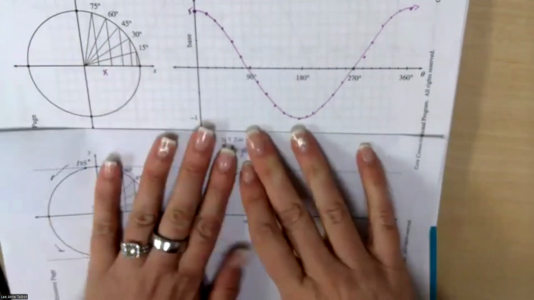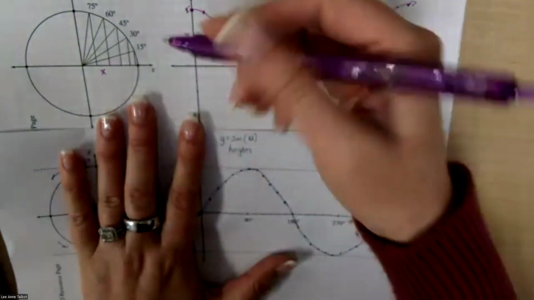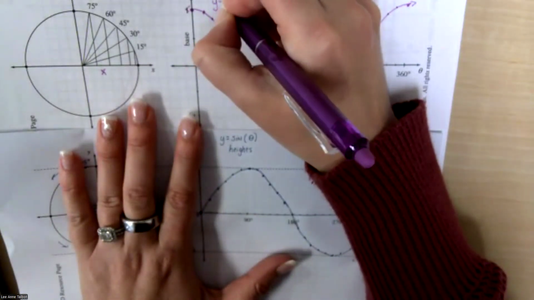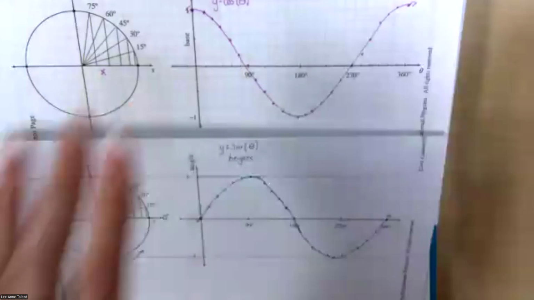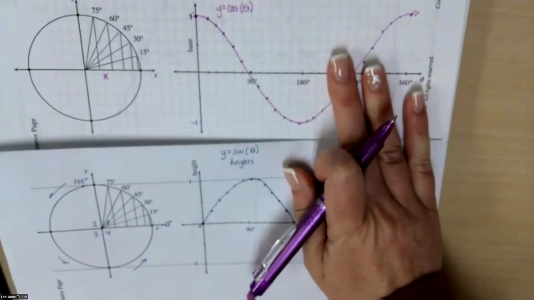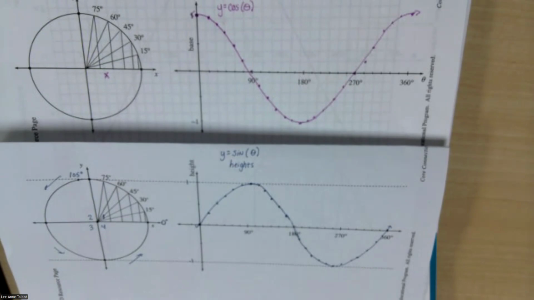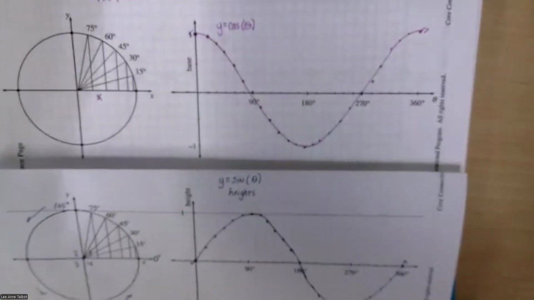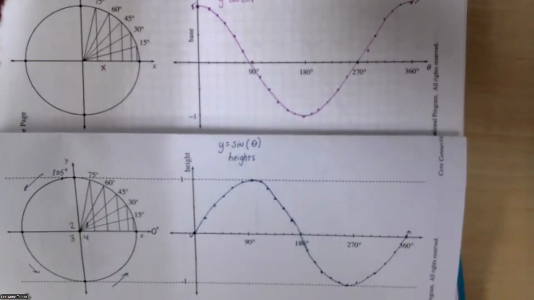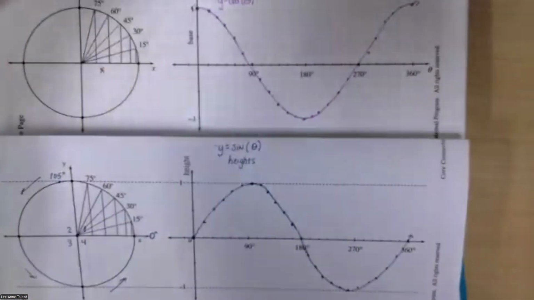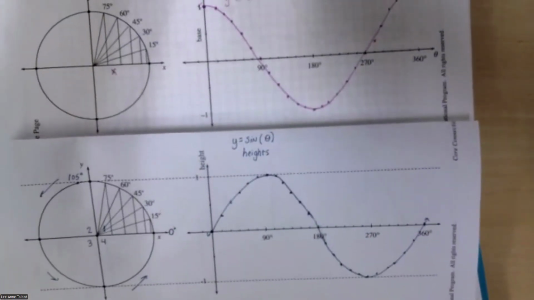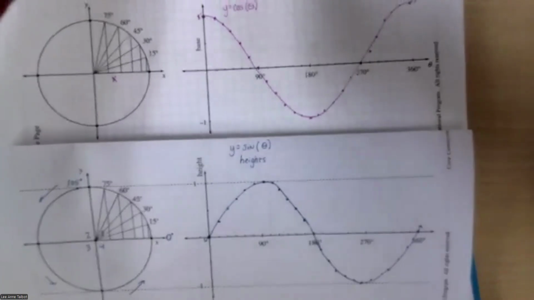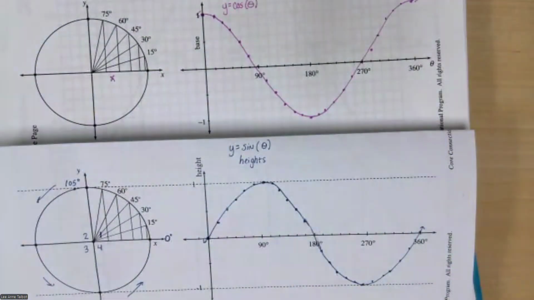The one you're looking at right now is y equals cosine, and this is the one that we did the other day, which was sine. Okay, this is the best I can do.